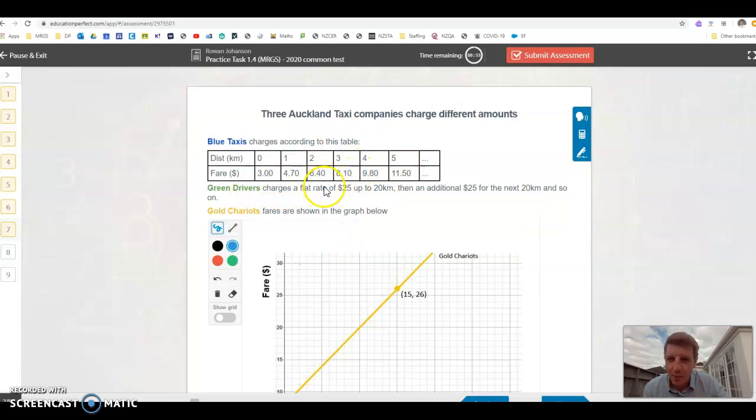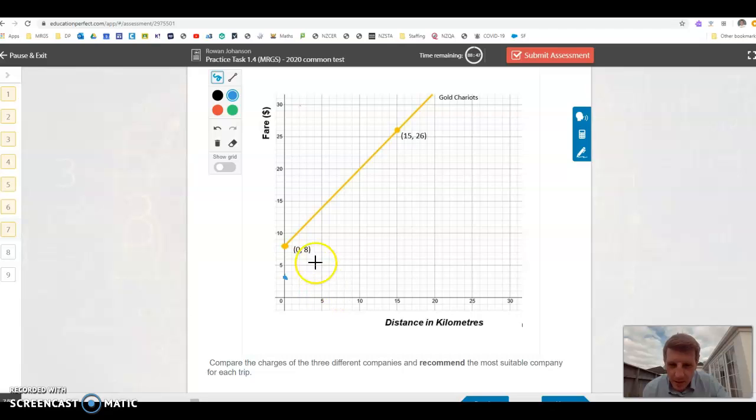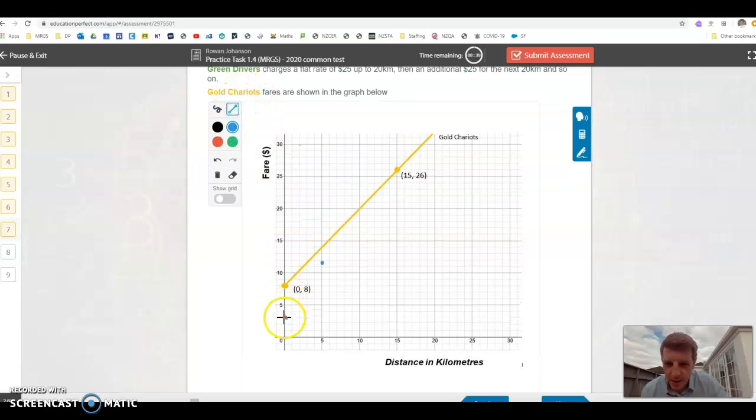We're going to go up in 1.7s. So maybe I go 5 and 11.5. So I go 5 kilometers here, and I'm going to go to 11.5, which looks about there, right? So halfway to. And then I can just put a straight line through those 2 points. That's really all I have to do. And there's my blue taxi line.